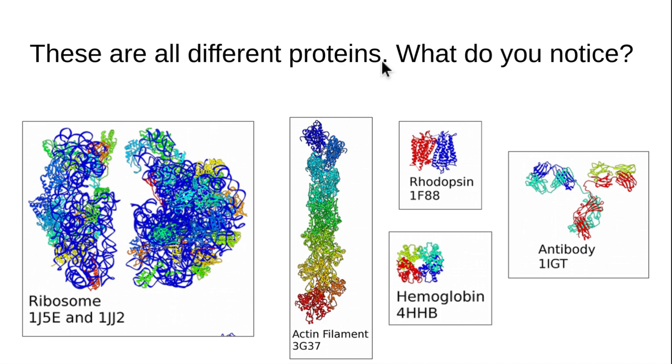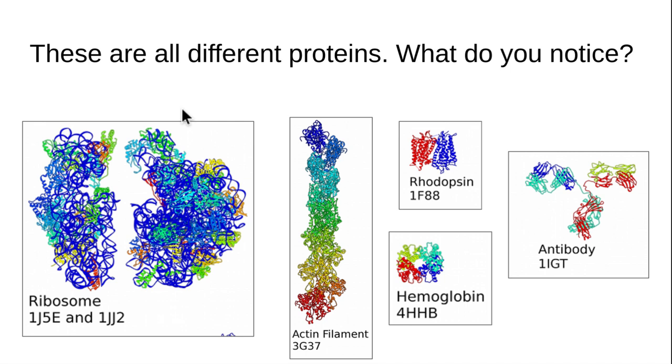So these are all different proteins, and what do we notice? You might say, oh, well, they're kind of different colors. Yeah, scientists just color them differently so that they can see the differences. They're also different sizes. They're also different shapes. They're all different because they do different things in our body. So a ribosome, hey, we know a ribosome, that's part of our cells.